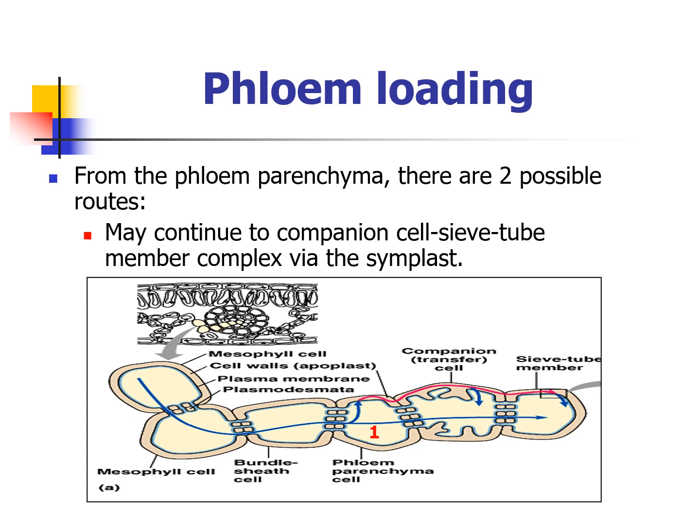From phloem parenchyma, there are two possible routes for sucrose. One is it may continue to the companion cell and the sieve tube member complex via the symplast.